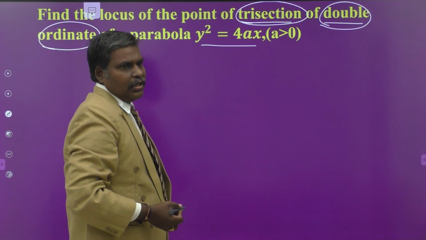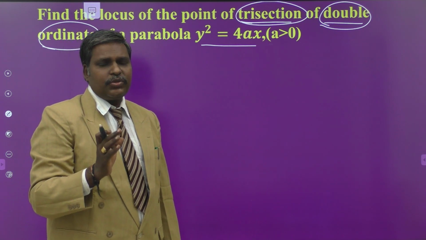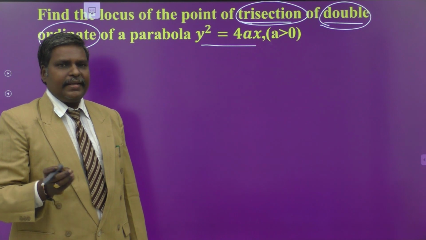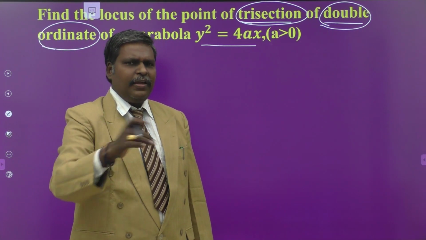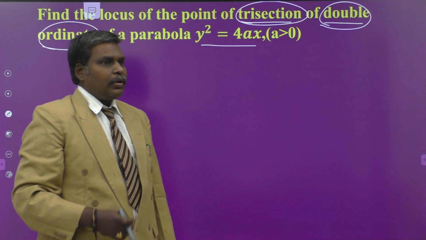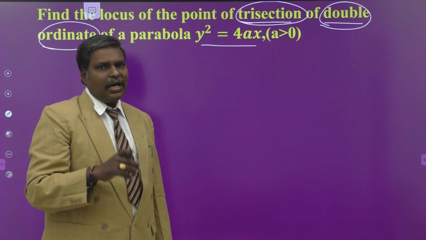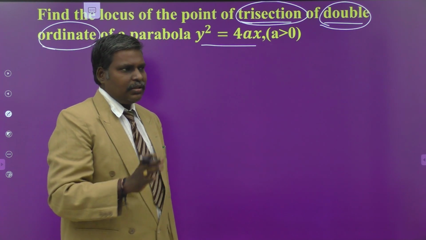Double ordinate is a line which is just perpendicular to the axis of the parabola. If it is passing through the focus, that becomes latus rectum. So a double ordinate may not be a latus rectum, but a latus rectum is always a double ordinate.